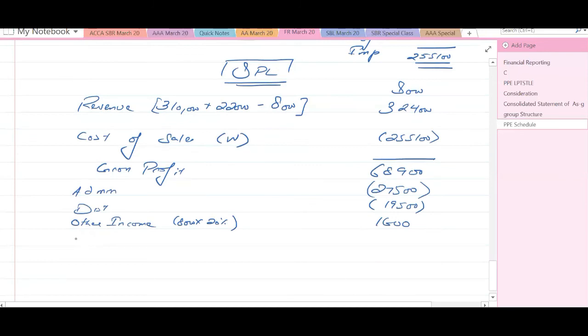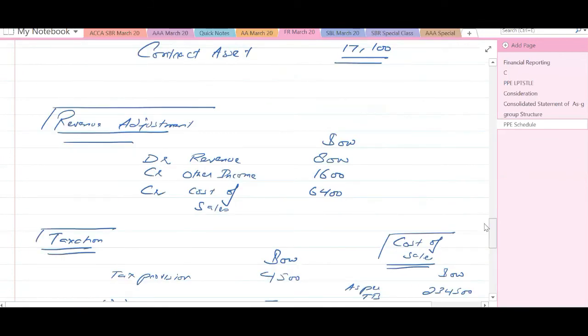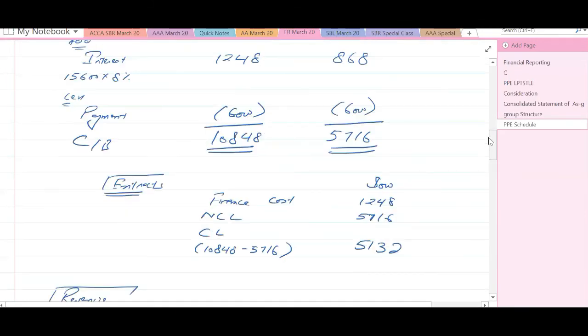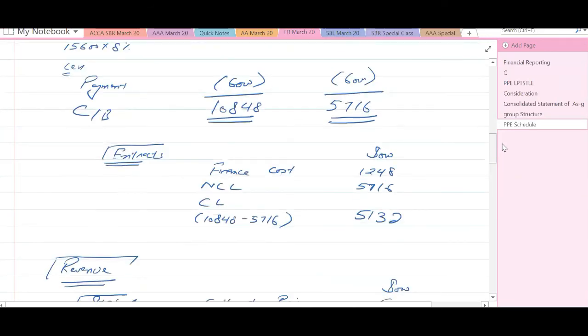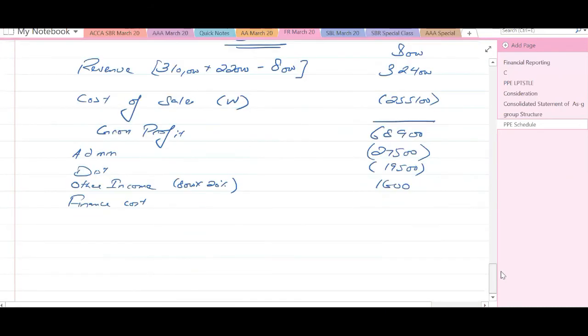Then you have the finance cost, which we calculated from the lease working. It was 1248. So it's the finance cost.